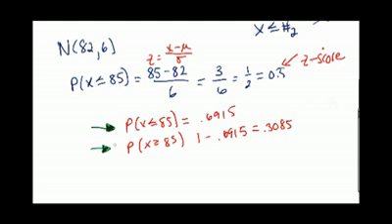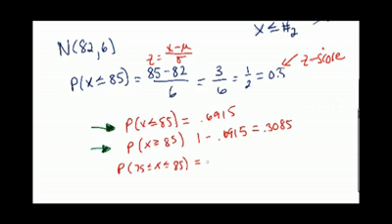Okay, so let's say we also get another grade of a 75. And 75 is not exactly 1 or 2 standard deviations away from the mean. So let's see if we can find the proportion of the grades between 75 and 85.